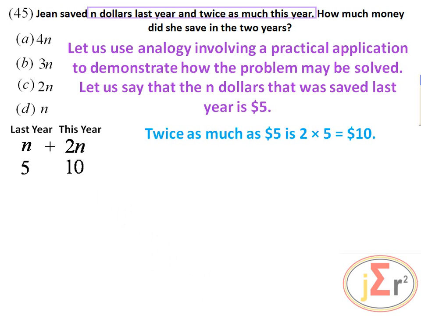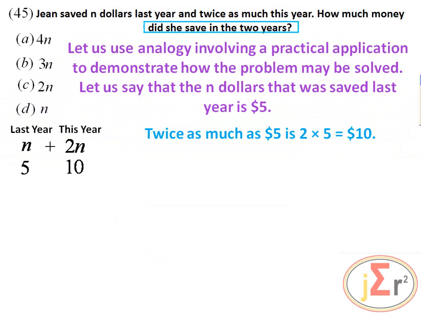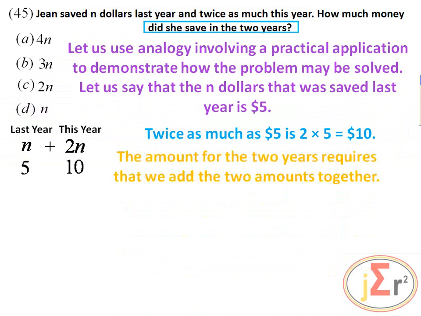So 2 5s, 10. How much money did she save in the 2 years? The amount for the 2 years requires that we add the two amounts together. So we will add those, 5 plus 10, and that's equal to 15.